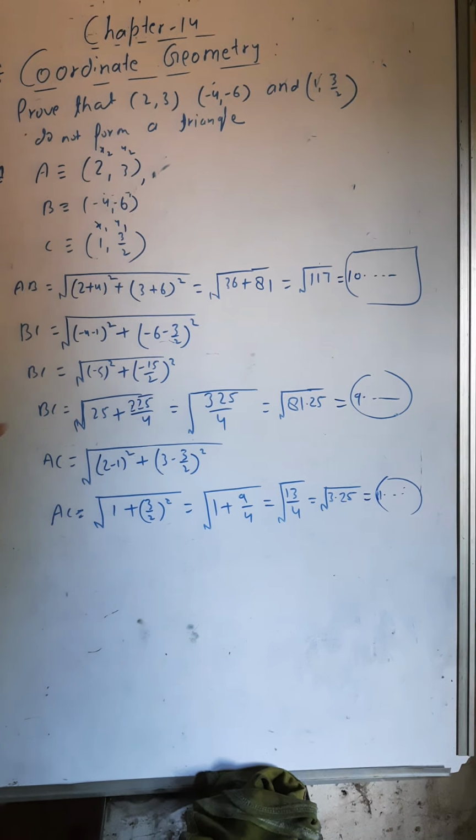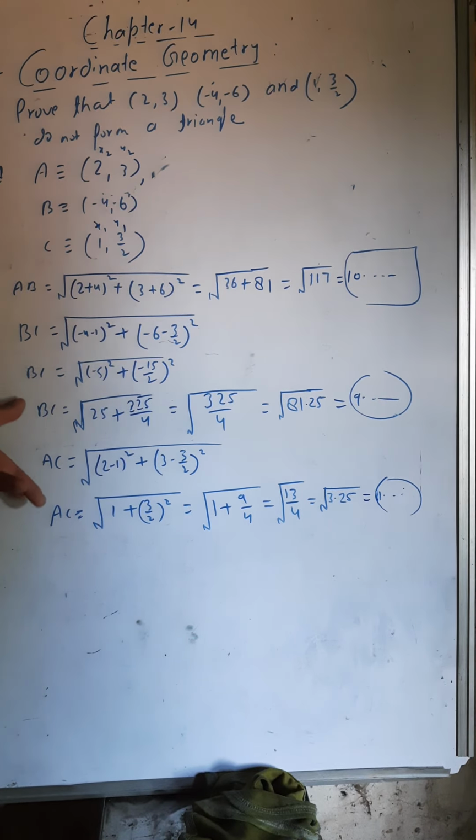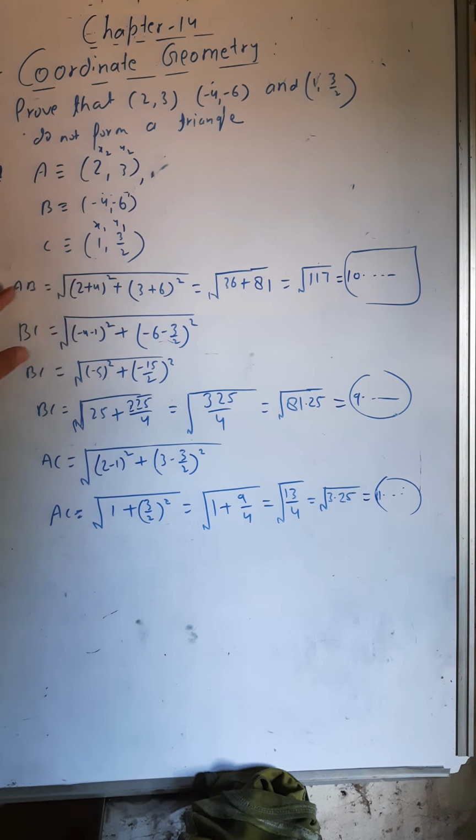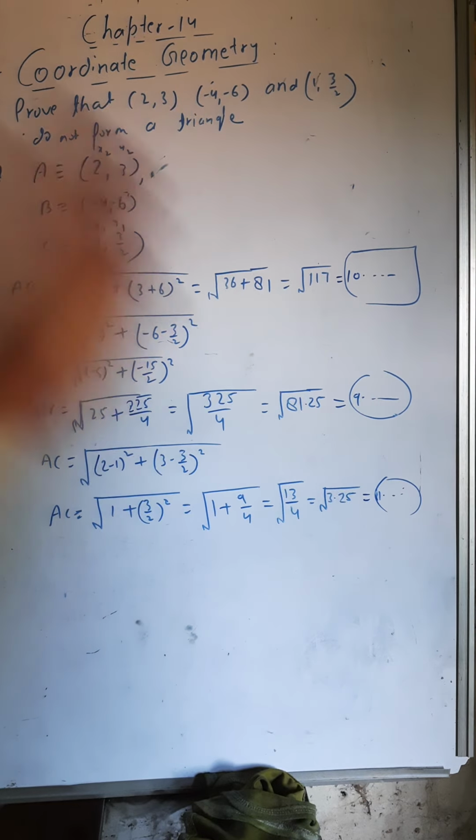So you can say, since BC plus AC is not greater than AB, hence A, B, C do not form a triangle.